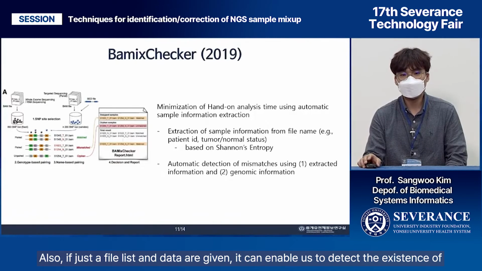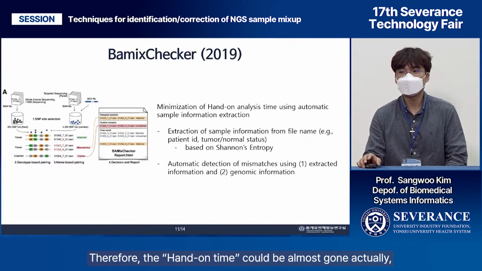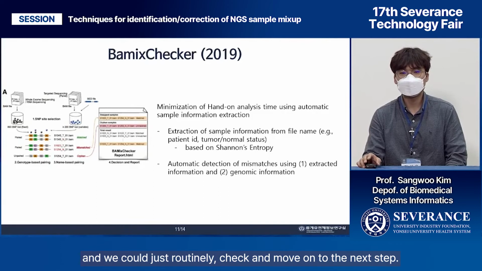Also, if just a file list and data are given, we can detect the existence of a mismatch by viewing the patterns written on the list without any further annotation work. Therefore, the hands-on time could be almost gone, and we could just routinely check and move on to the next step.